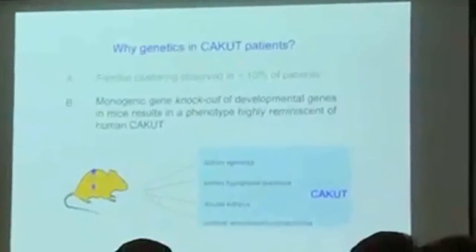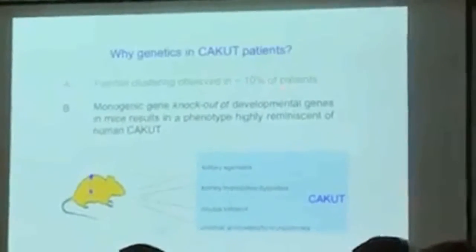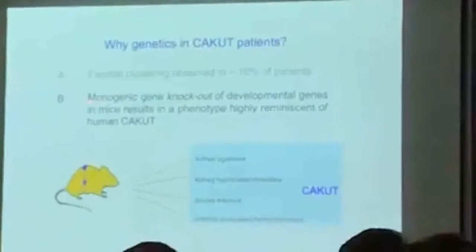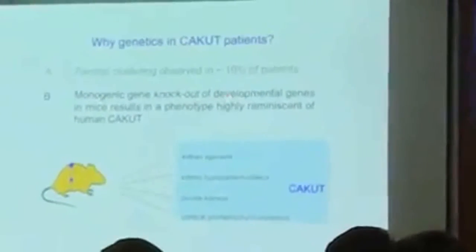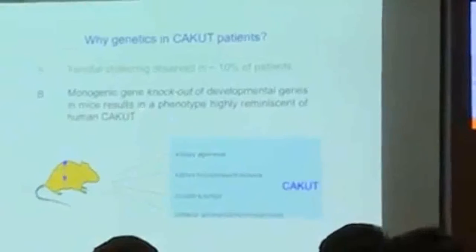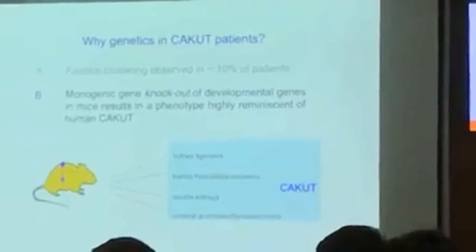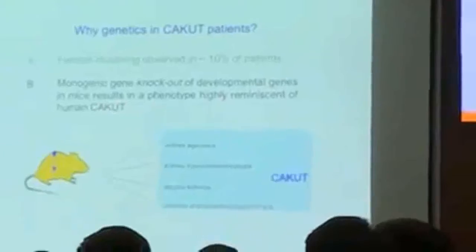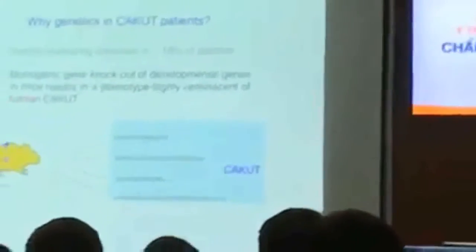Not only is it around 10% of patients, we also need to see this, because if you do a monogene knockout to see the developmental gene in mice, then we can easily get the phenotype, a phenotype very similar to the human disease.